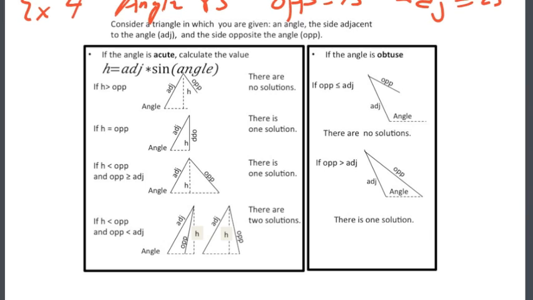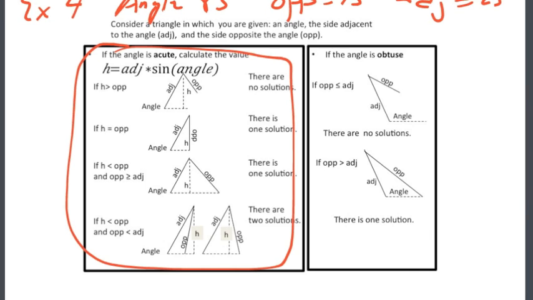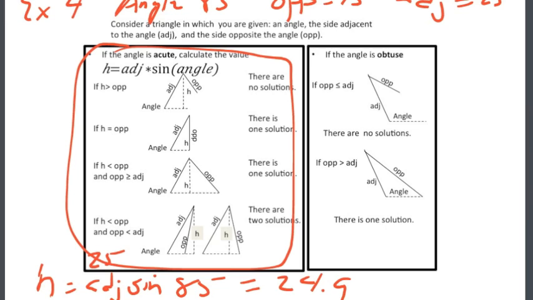Well, 85 is acute, so that says we're working here. We need to do h is equal to adjacent sine of 85. So adjacent is 25. So adjacent sine of 85 works out to 24.9.